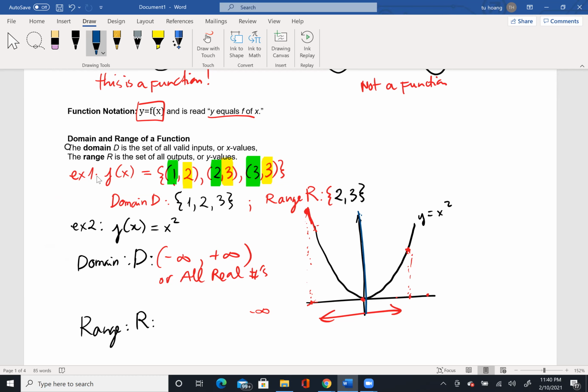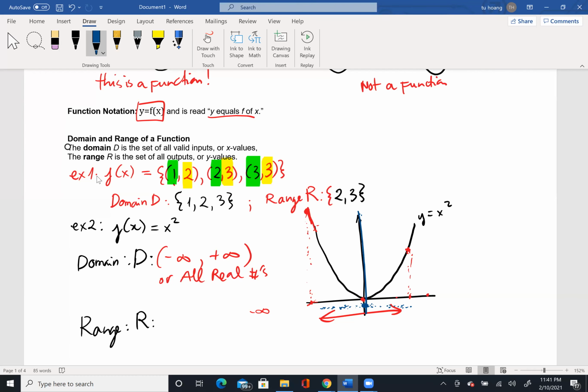If I choose a negative value here for y, do I have any point on the graph where y is negative? No, you see that?